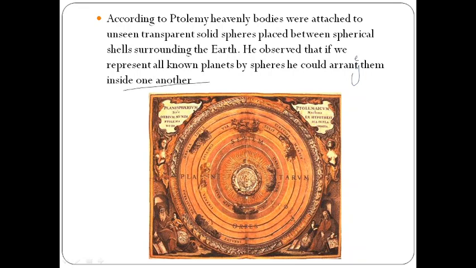So you can see here, suppose this is Earth, you can arrange all the planets in various spherical shells according to their distance. So that was another proposal made by Ptolemy. You can see it here. Earth is at the center, and on different shells he could arrange different planets, and each shell is in different motion. And that is about the different proposals made by Ptolemy.